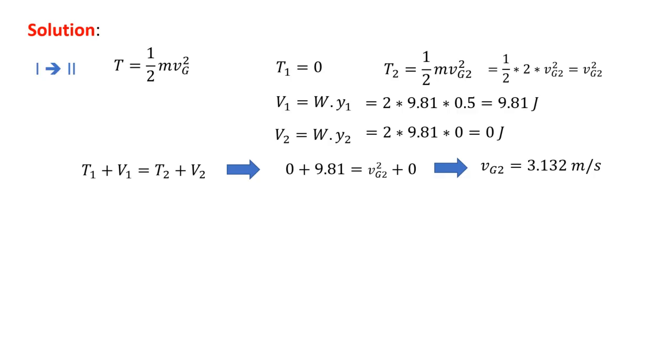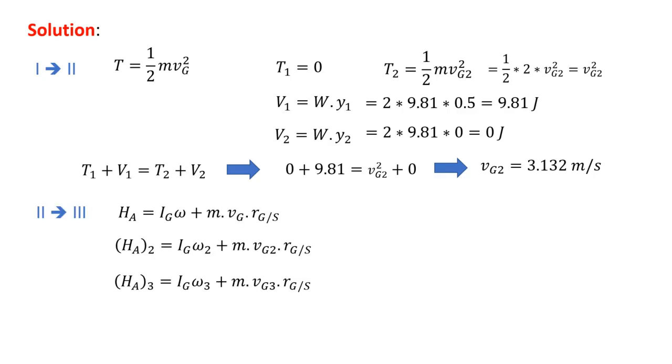Done. Now we go to the next step, which is going to be the conservation of momentum equation, where the HS1 is equal to the HS2, or actually it's going to be 2 and 3. So the HS is equal to the Ig omega plus the mass multiplied by the velocity multiplied by the RGS.